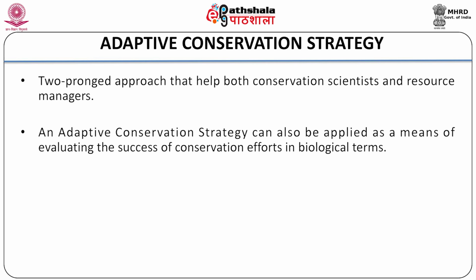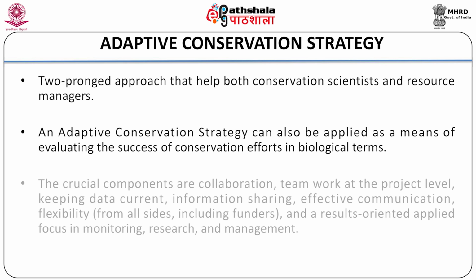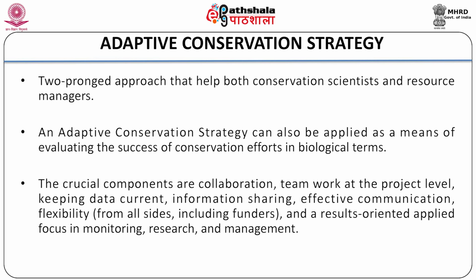An adaptive conservation strategy consists of adaptive management at the site-specific level and, in addition, adaptive conservation plans that provide a systematic means of synthesizing data, sharing learning, and influencing policy across sites and ecosystems.